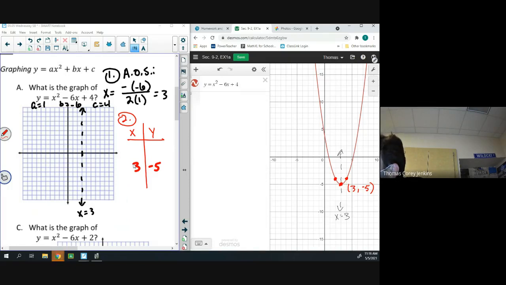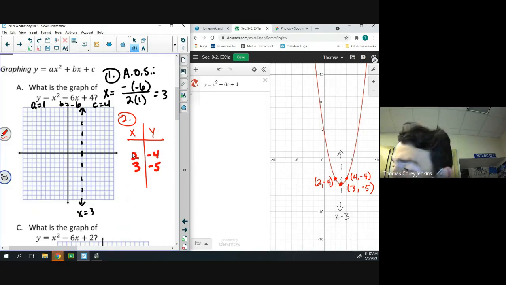So those points as ordered pairs would be 4 comma -4 and 2 comma -4. All right, so I'm going to write those in on my table. 2 goes to -4, 4 goes to -4.